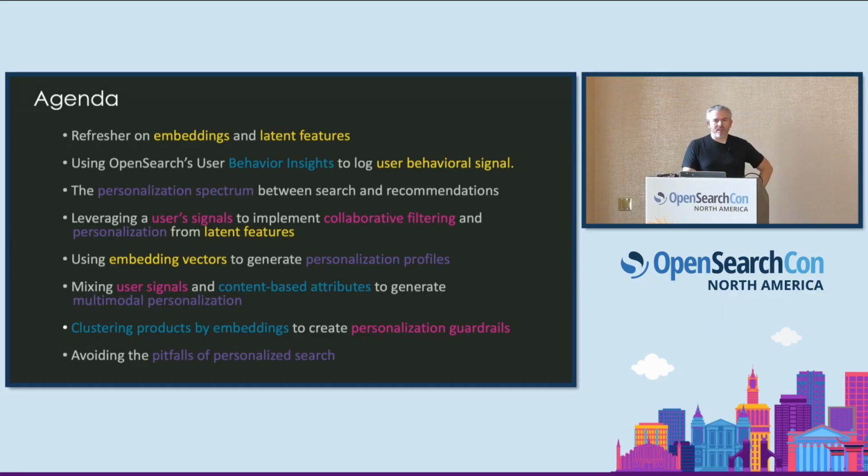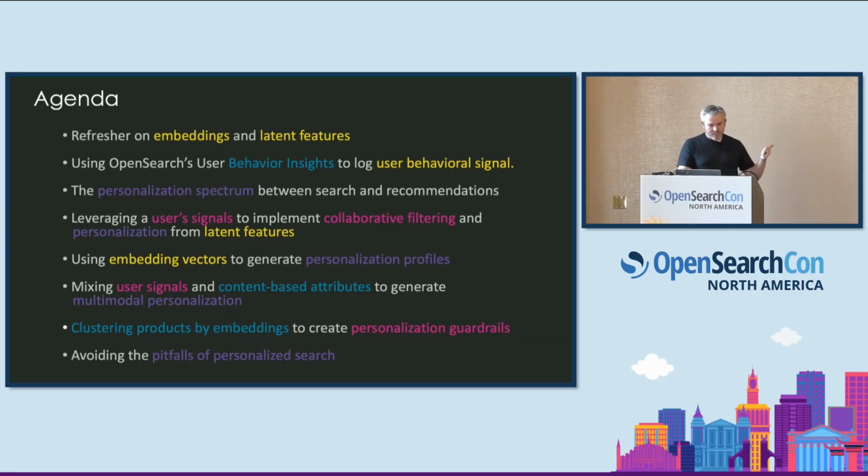And then we're going to talk about how we leverage the click searches, et cetera, in order to derive some embeddings based upon those behaviors, as well as use it to actually generate personalized search results.